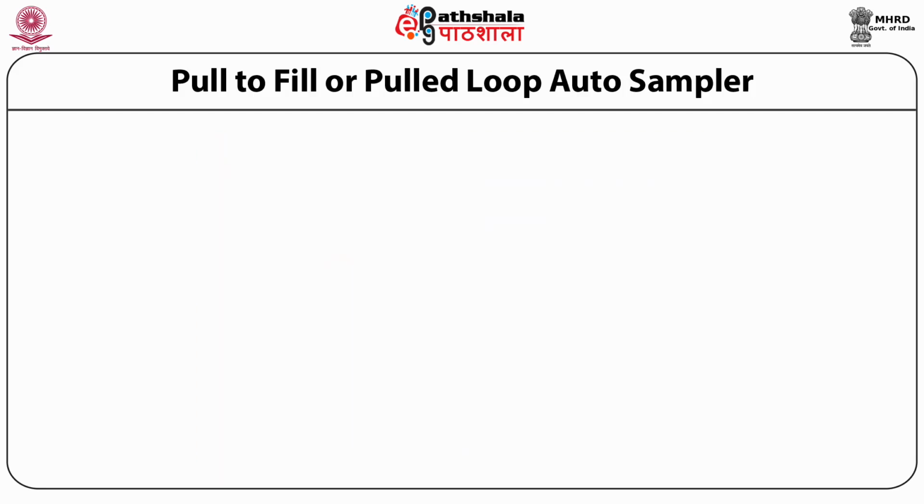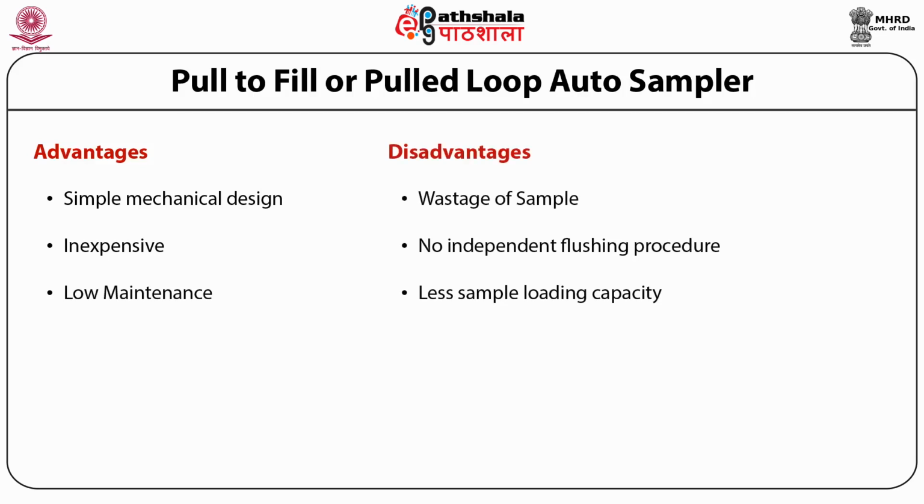Pull to fill autosamplers are advantageous due to their simple yet robust mechanical design that offers greater reliability. Being simple in design, they are comparatively inexpensive and have very low maintenance costs.